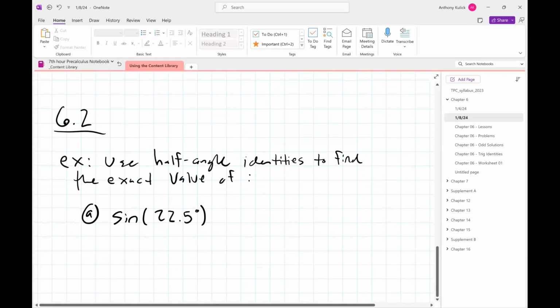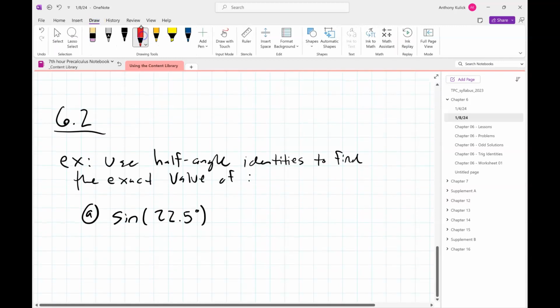So let's say we're asked to find the exact value using half angle identities for sine of 22.5. So notice that 22.5 is not a unit circle angle, but I recognize that 22.5 is half of a unit circle angle.